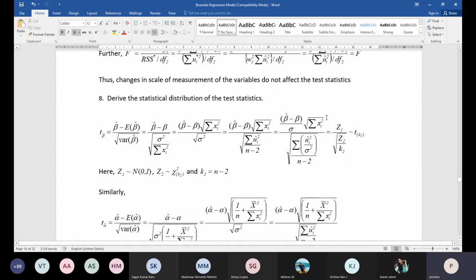Then essentially in the numerator, you can very well see this is a standard normal distribution, because beta hat follows a normal distribution, which we have seen earlier.